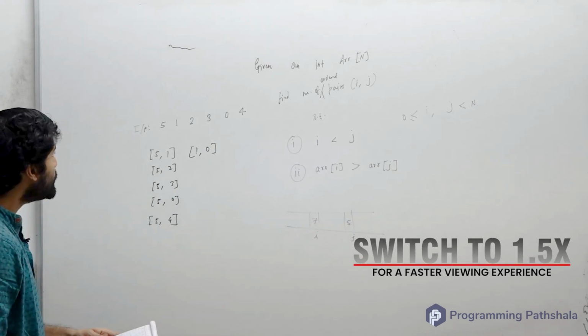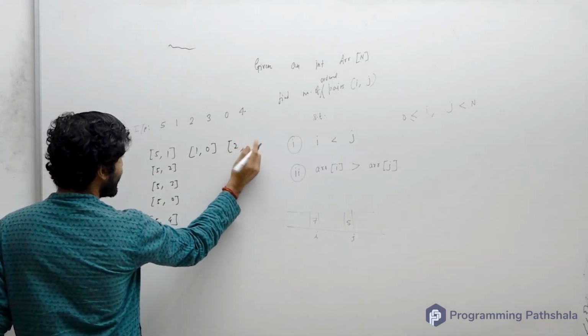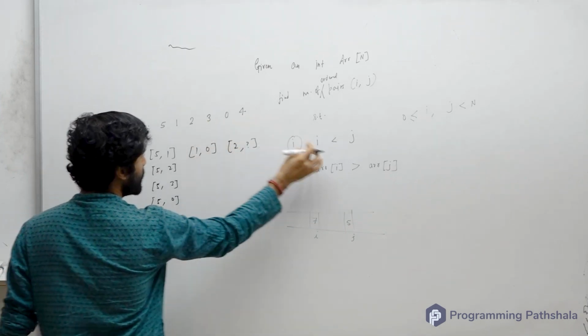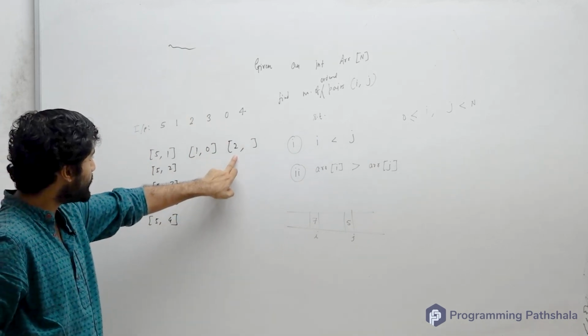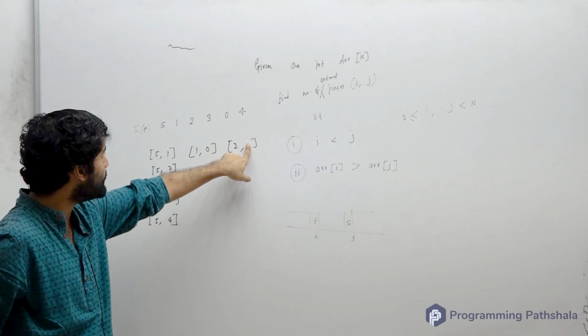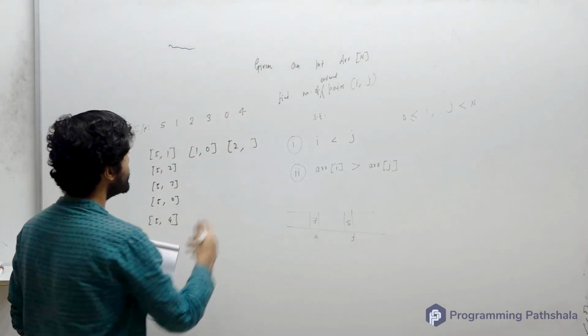So see, the point to be kept in mind is, the moment you fix your first element, your second element has to come from the right side of it because of this rule. So never turn back. Now the moment I fix 2 as my first element, how many options do I have for my second element? I can't have 3 because it is greater, I can't have 4 because it is also greater, I can just have 0.